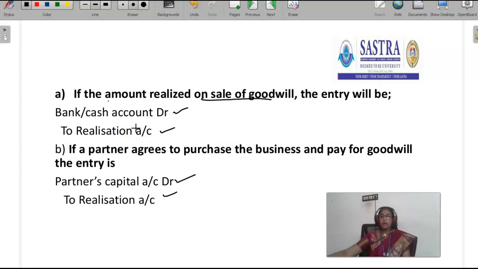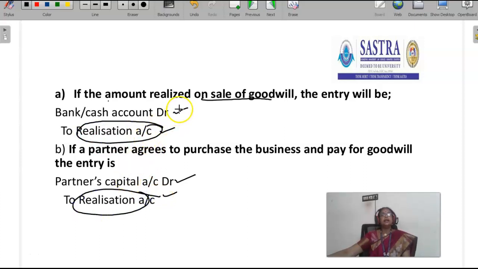Instead of that, we have to debit or credit for both assets and liabilities. We should not mention the name of the assets and the name of the liabilities. It is already transferred in the book. All the transactions are carried out through the realization account.